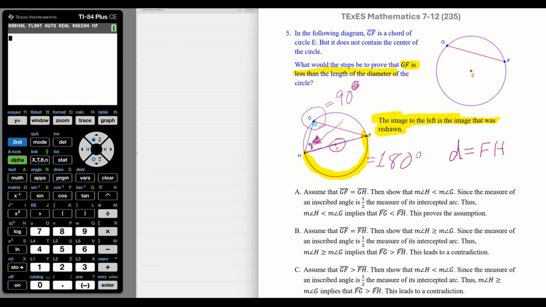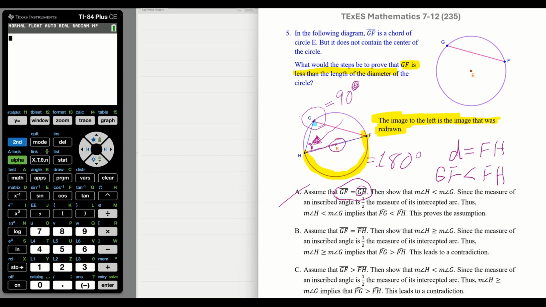The first thing I already looked down here. You're probably looking at my options and saying something's not right. A won't work because we are trying to say that GF is less than FH, and the opposite would be equal. This one has the wrong letter, so that won't work.